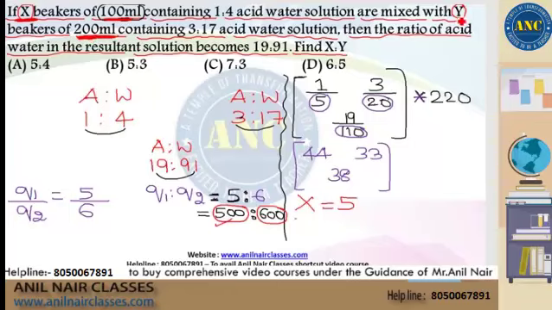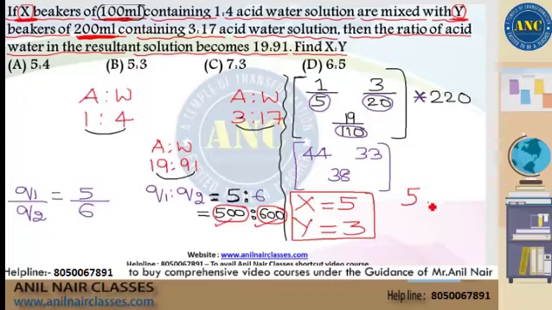So Y such beakers are there. So the Y value should be how much? 3, because the first can is 200, the second can also contains 200, the third can also contains 200. 200 plus 200 plus 200, total capacity of 600 will be taken care of.